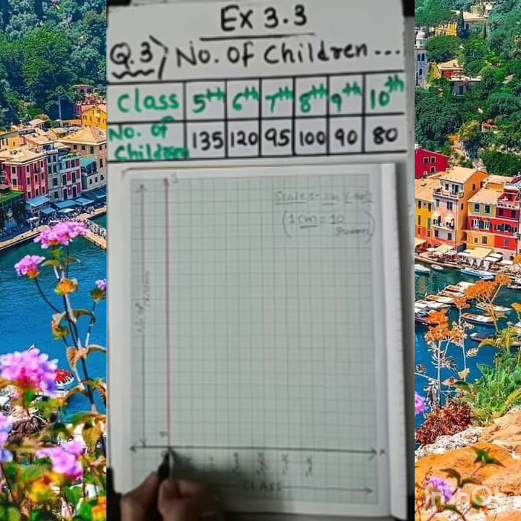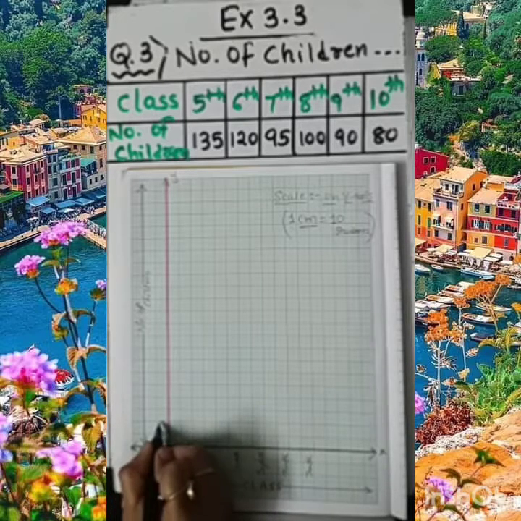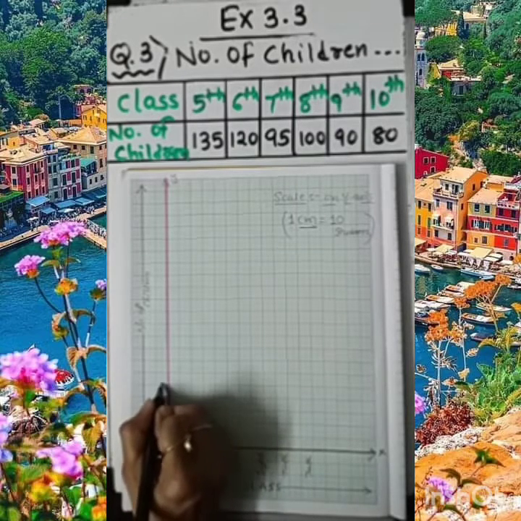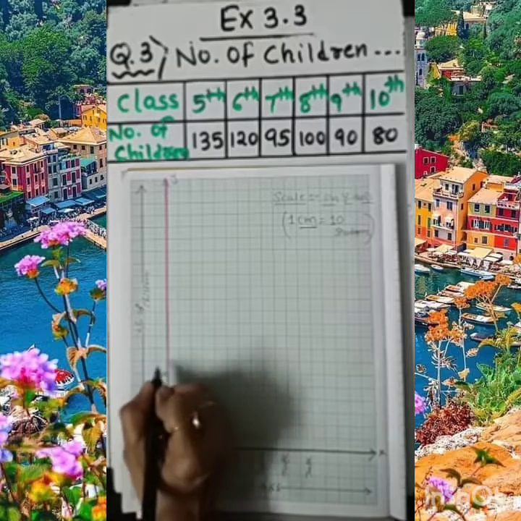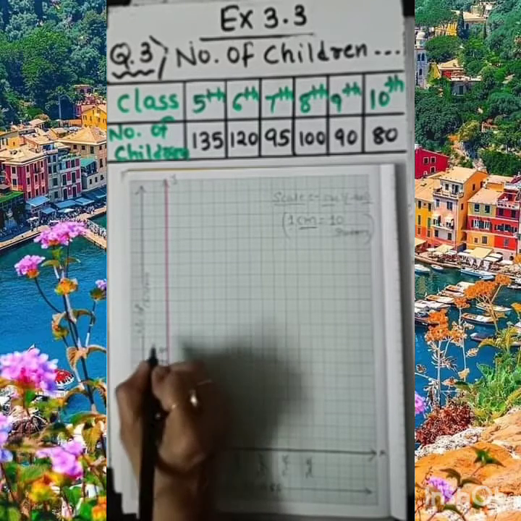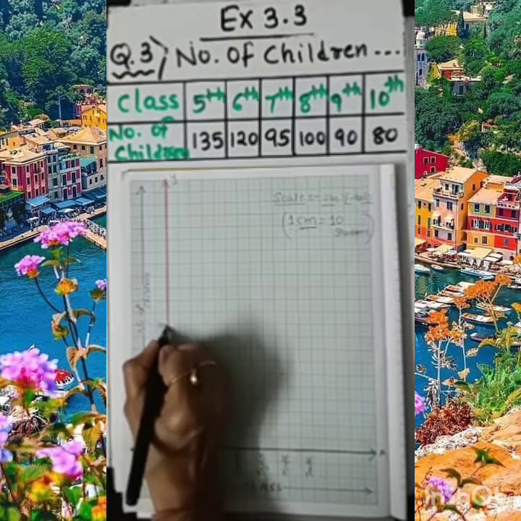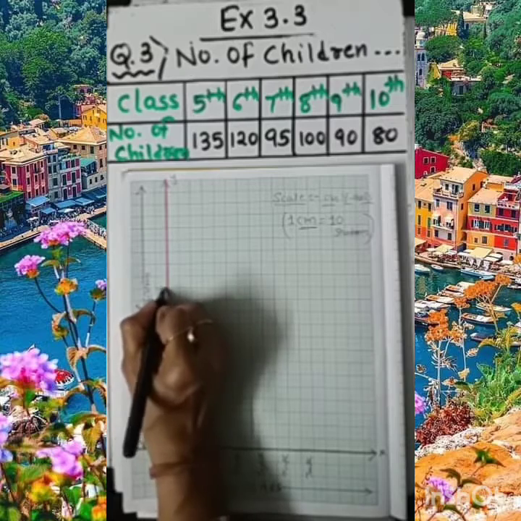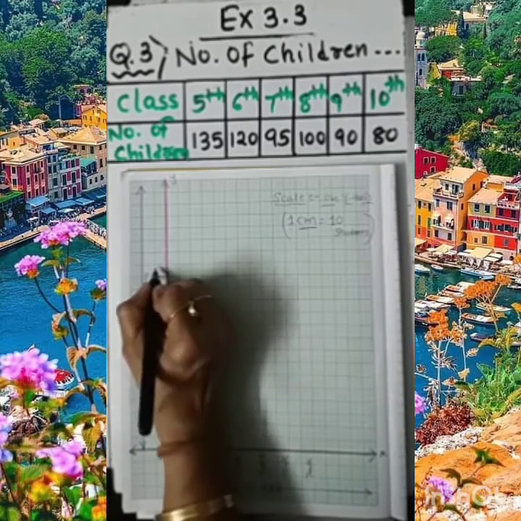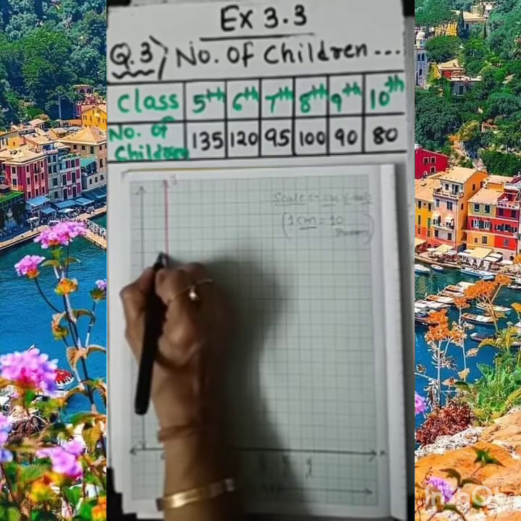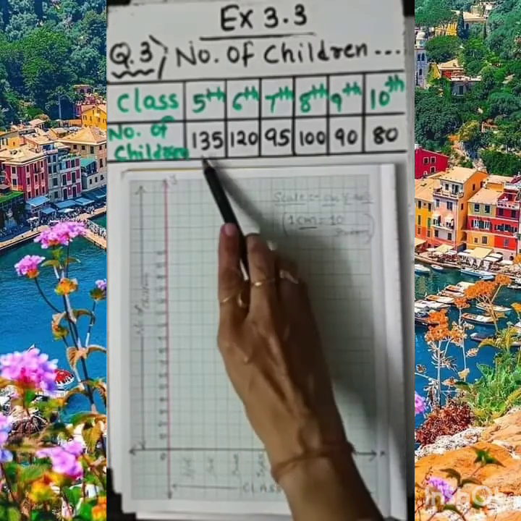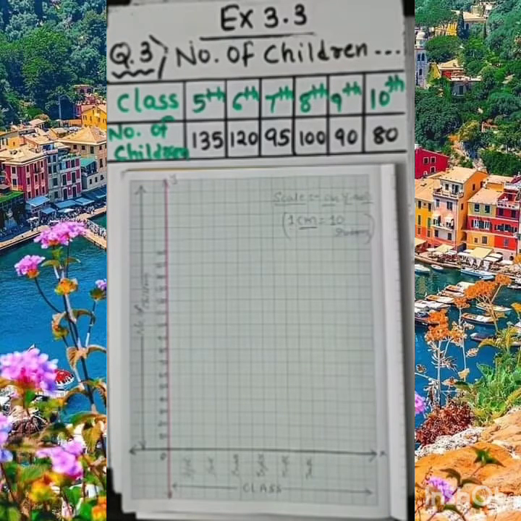Immediately after 0, the darker line, we need to start with that 10, then 20, 30, 40, 50, 60, 70, 80, 90, 100, 110, 120, 130, 140, 150, and 160. This much is enough because the highest observation is 135. So this much is enough.